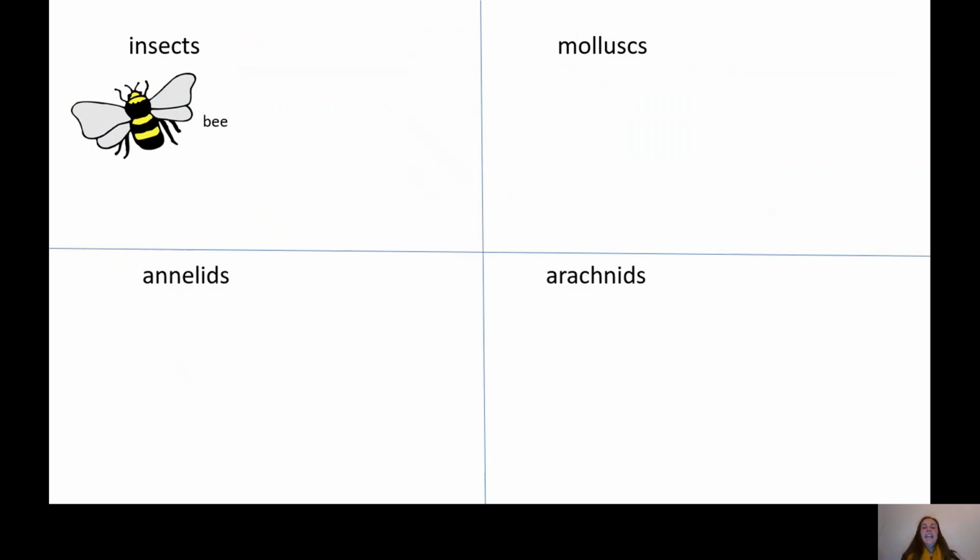So in the video that we are about to watch, you will see some of these animals. When you see an animal that you think goes into one of these 4 sections, you need to draw it and write its name. So the video is about 6 or 7 minutes long, but you might want to pause it at different points so that you can have a really close look at the animal and make a decision about which box it should go in.